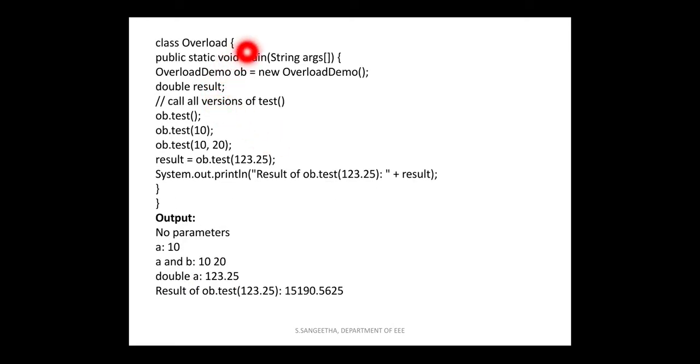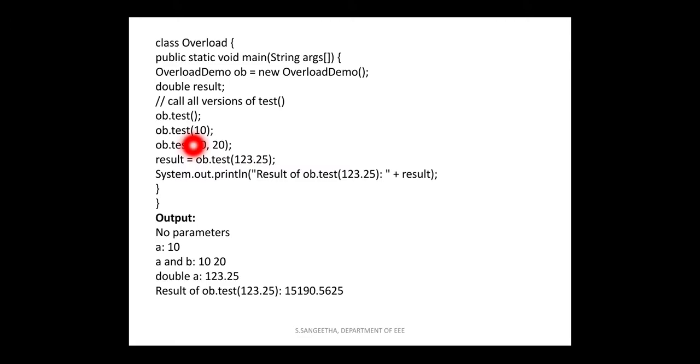Next you have to assign the values, that is call the versions of test by using OverloadDemo ob is equal to new OverloadDemo, and double result. Now you go for the result: ob.test(), ob.test(10), ob.test(10, 20), and result equals ob.test(123.25). That means first the integer value int a comma b, next double a.